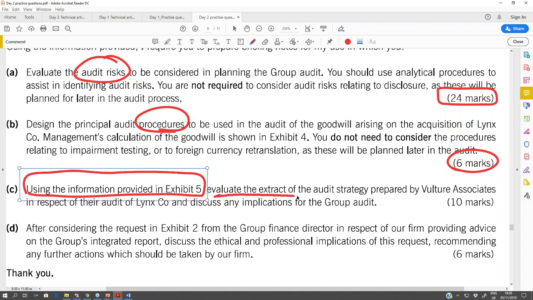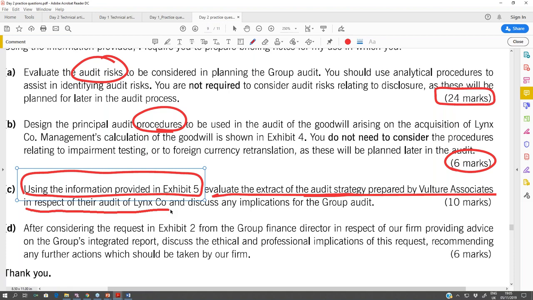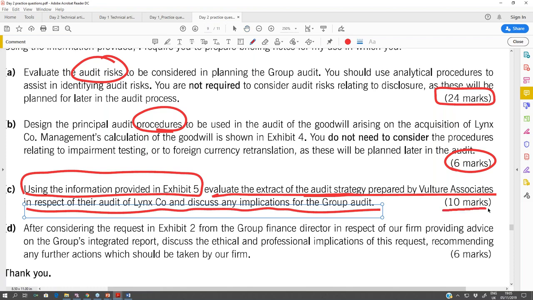Evaluate the extract of the audit strategy prepared by Vulture Associate in respect of their audit of Links company and discuss any implication for the group audit. And the marks are 10. We need to read exhibit 5 and evaluate the strategy prepared by Vulture Associate in respect of the audit of Links and discuss any implication for the group audit.